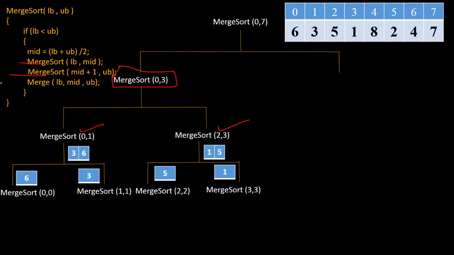Now we have come to execute up to this line. When this line executes, it will merge these two arrays 3 comma 6 and 1 comma 5 into a single array. When we merge these two arrays, we will get 1 3 5 and 6, right?